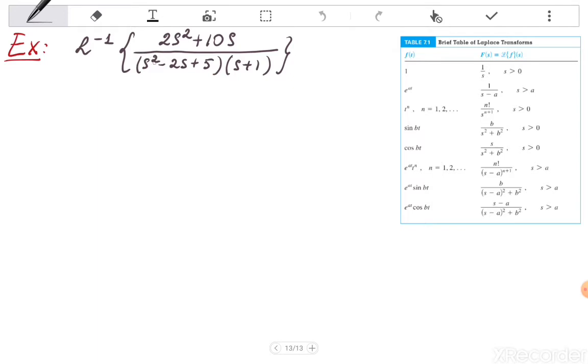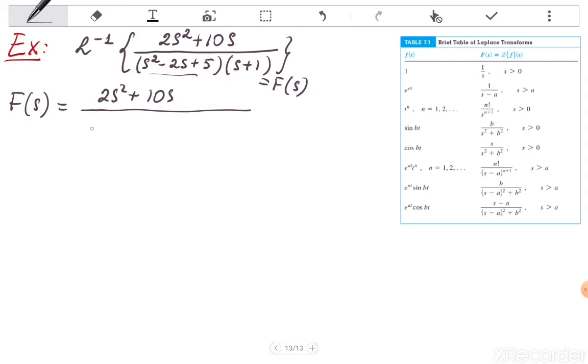So for example, we're given this fraction here, and you can notice if this is function f of s, we can write this function as (2s squared plus 10s) over, this bracket here is the same as (s minus 1) squared plus 4, right, which is 2 squared, times (s plus 1).